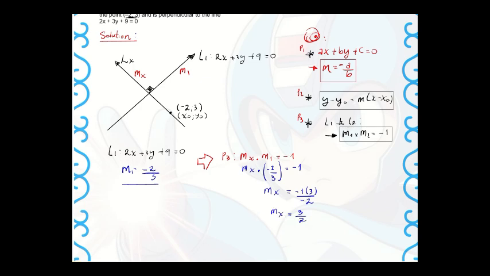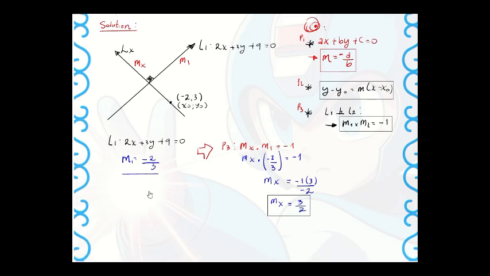So we already have the value of mx. And as part of this process, we already have the value of mx and we have the point that we know. So it's possible to find the equation of Lx.